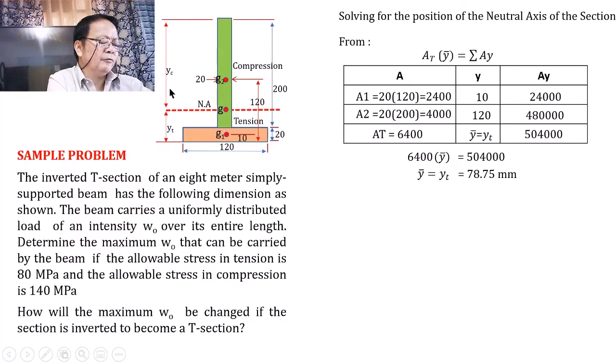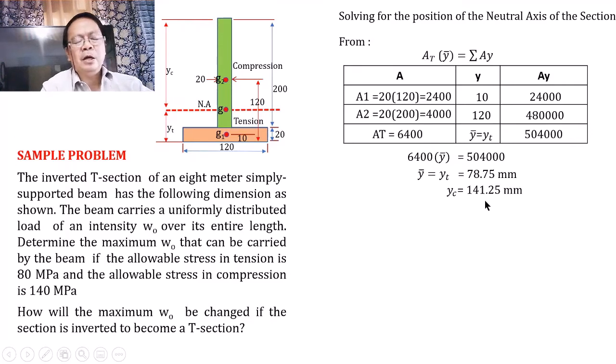Therefore, we can solve for y sub c, and y sub c will be equal to 141.25 millimeters. And so we expect, therefore, that the distance of the farthest fiber in compression is equal to 141.25, while the distance of the farthest fiber in tension is equal to 78.75.